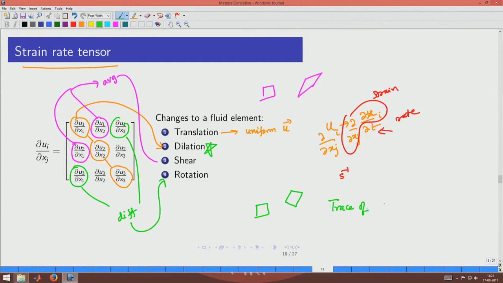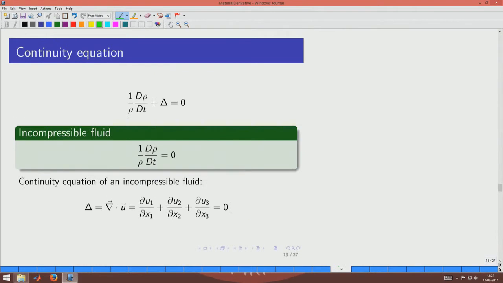The trace of ∂u_i/∂x_j is nothing but this, right. Because of this, we actually want to give it a symbol, and we want to call it the rate of dilation, and that is what we are going to write here.